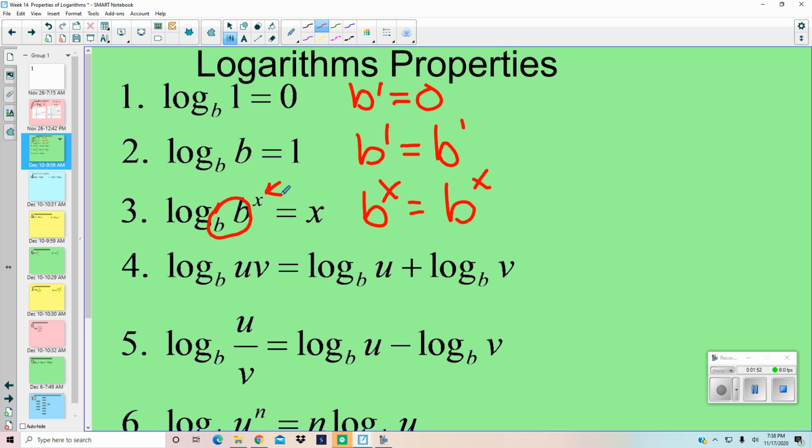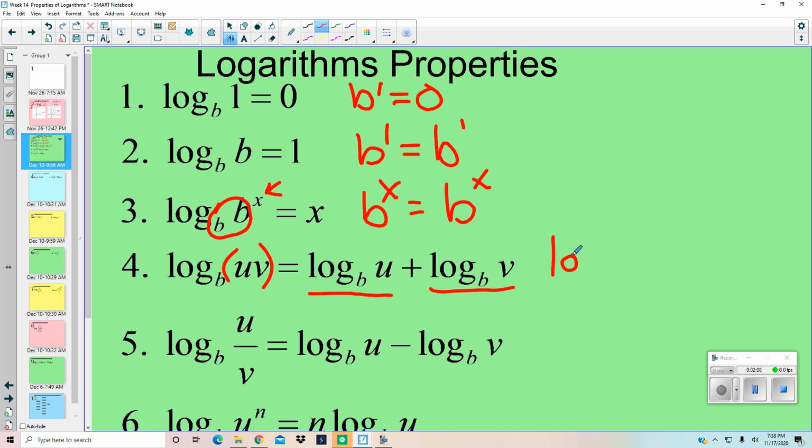When you have logarithms with the same base that are added together, so here I have log base b of u and log base b of v, I can change it to a multiplication problem and make it log base b of u times v.